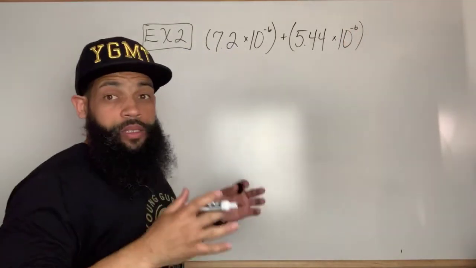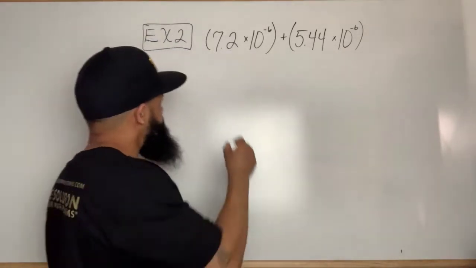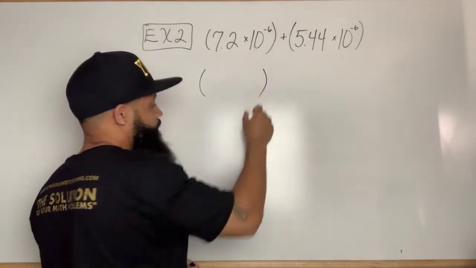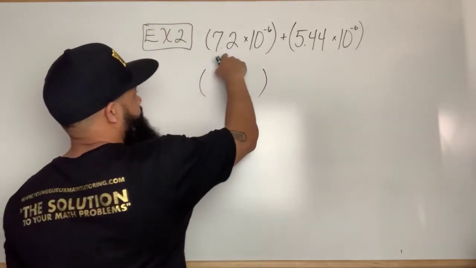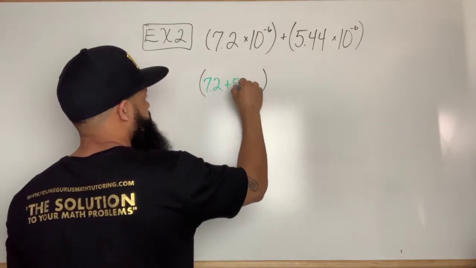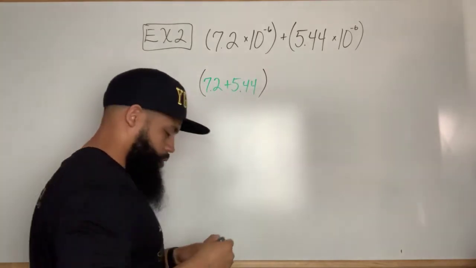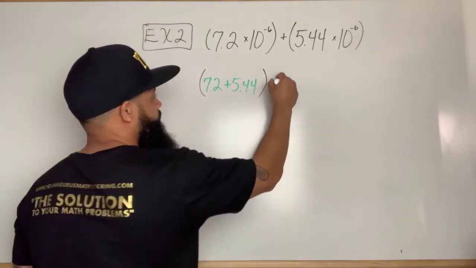All right, same thing. We still have the same power of 10. So all I actually have to do here is take the 7.2 and the 5.44, add those together, and then multiply that by 10 to the negative 6th power.